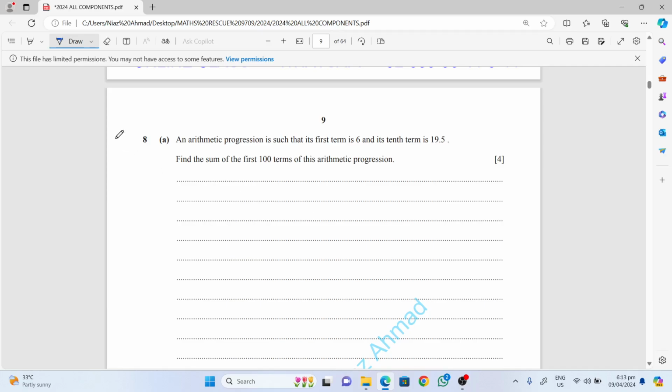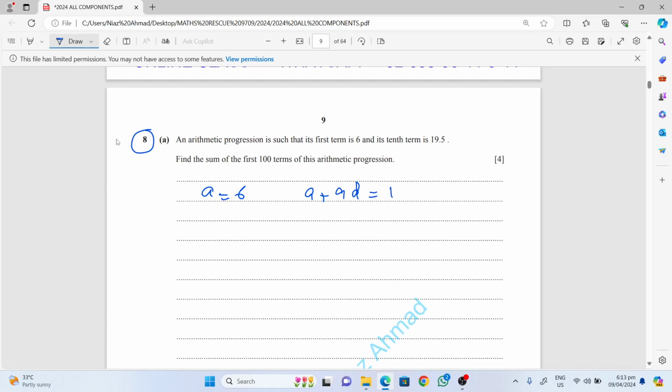Moving to arithmetic progression, question number 8. An arithmetic progression is such that its first term is 6 and its 10th term is 19.5. Find the sum of the first 100 terms. The first term is 6 and the 10th term is actually a plus 9d.